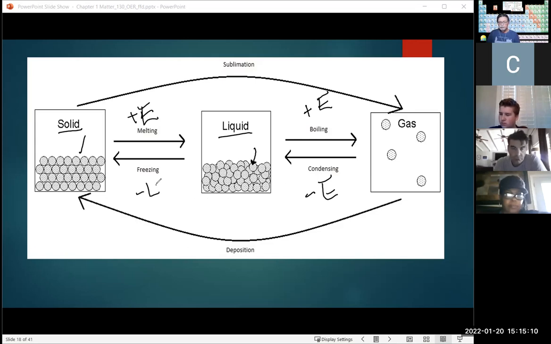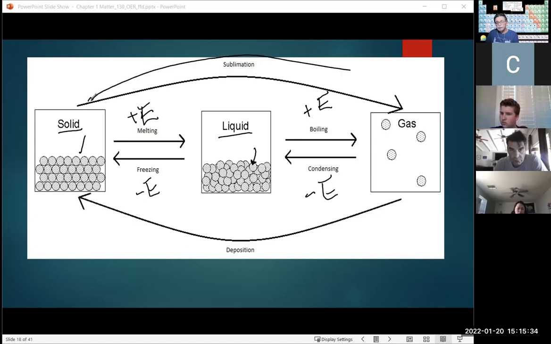And if you continue to remove the energy, bring it down maybe to, let's say, 0 degrees if this was water, we then send it back to the solid phase, okay? It's all a matter of energy. Some solids, like I said, carbon dioxide can go from a solid directly into gas, called sublimation. And if we take energy away from it, we have deposition, taking that carbon dioxide gas and converting it back to solid, okay?